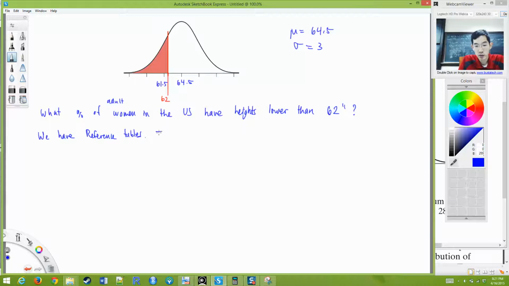And the table is known as the standard normal table, and uses mu equal to 0 and standard deviation equal to 1. Okay? It's also known as the z-table.